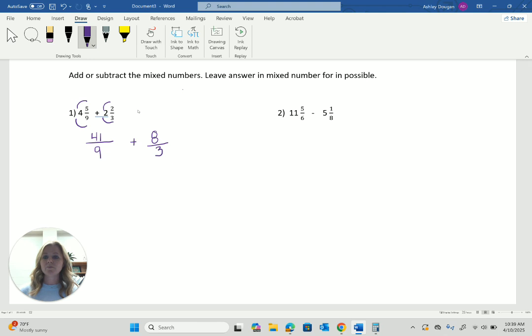We're looking for a common denominator between 9 and 3. So what's a number that's a multiple of 9 that's also a multiple of 3? And this is where, if you need to, you can write out your multiples. I could just write out a few multiples of 9, and then I could write out some multiples of 3.